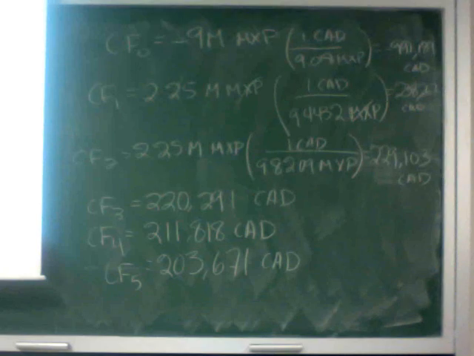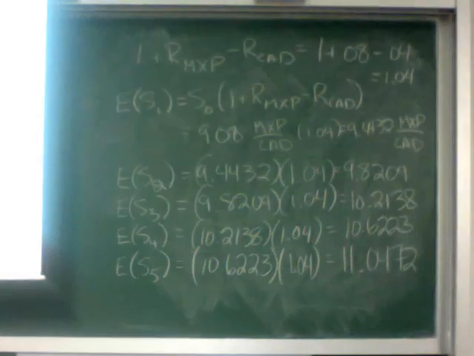That's a 20% drop in cash flows in terms of your own currency over 5 years of the project. So once you have the cash flows for each year in your home currency, that's why it's called the home currency approach.